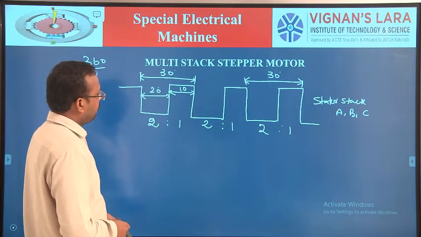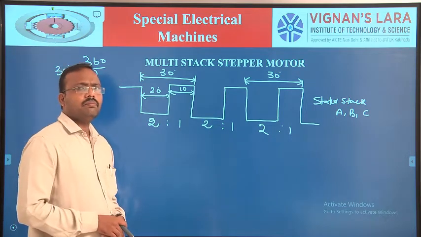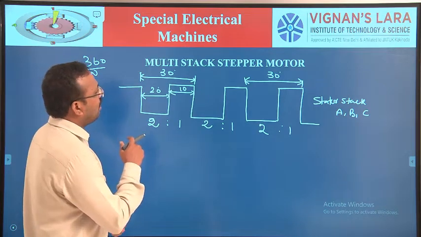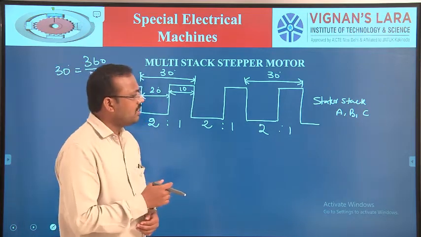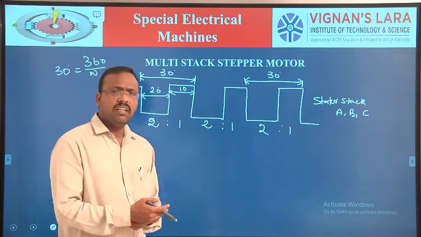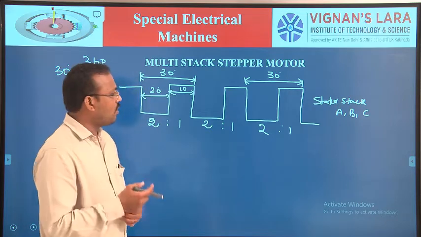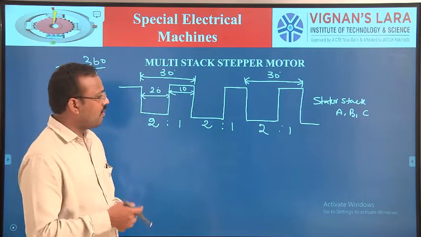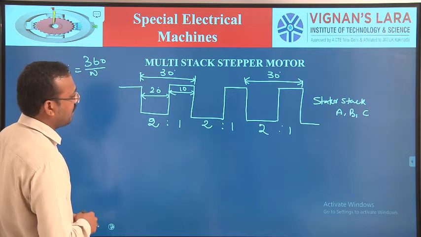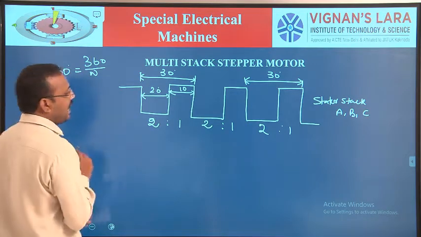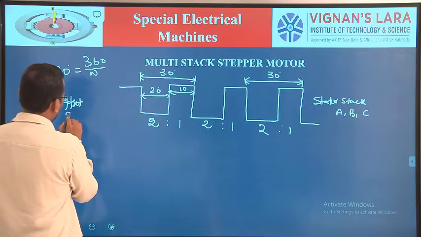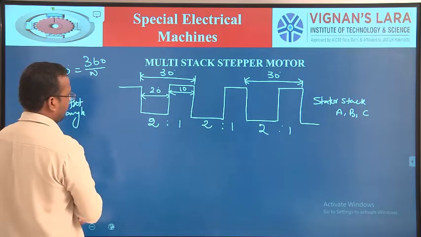Okay, now see how stator stack A is moving, stator stack B is moving, rotor stack A is moving, rotor stack B is moving, rotor stack C is moving. What is offset angle or step size? We already defined the offset angle or step size.